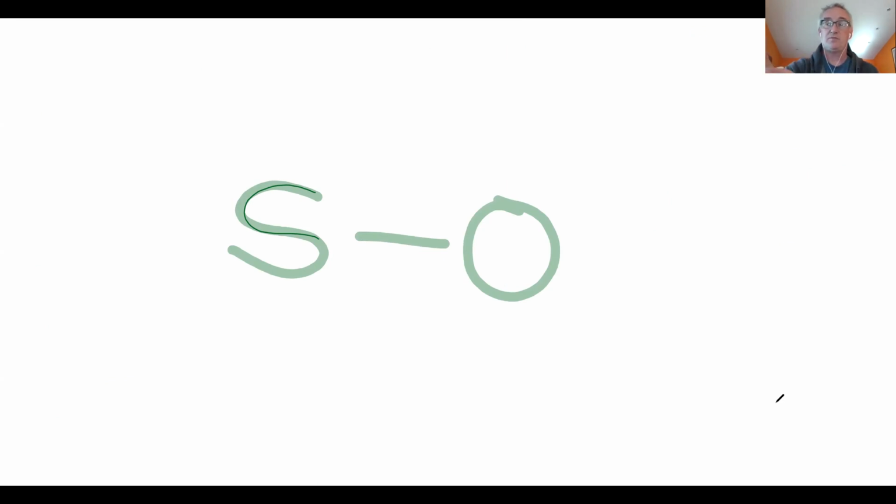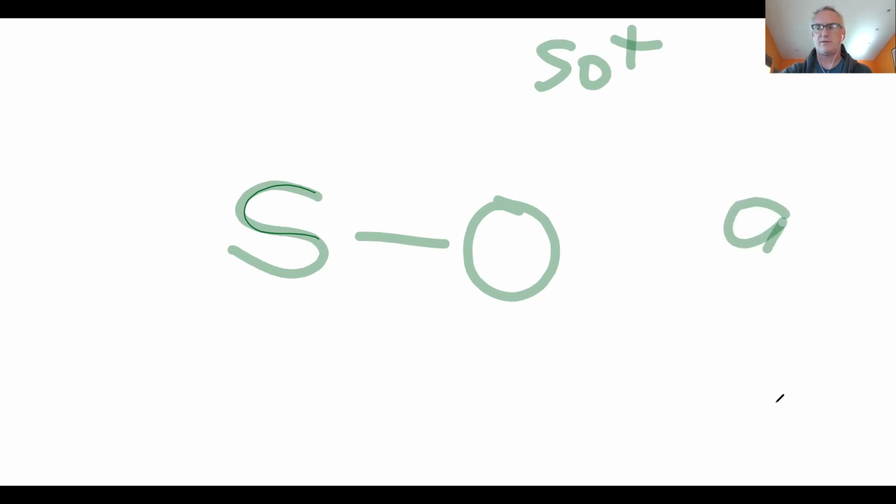So SO plus. What's going to be the total number of valence electrons? We already should know this, right? 11. Should be 11, exactly. And how many do we have in bonds? 2. So how many do we have left to play with? 9.